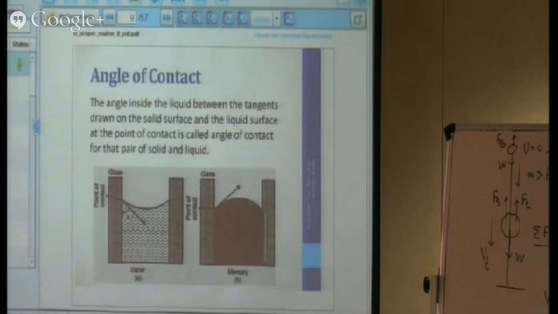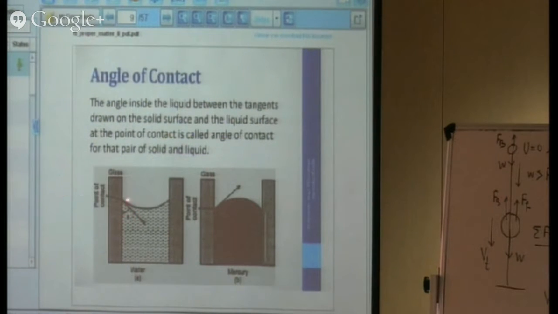That is basically due to the difference in their cohesive and adhesive forces. I'm not going into that detail, but the more important thing is how we take the contact angle. Look, from the wall, I'm measuring the angle up to the tangent drawn on the surface at the point of contact. That's why this angle is called the angle of contact.